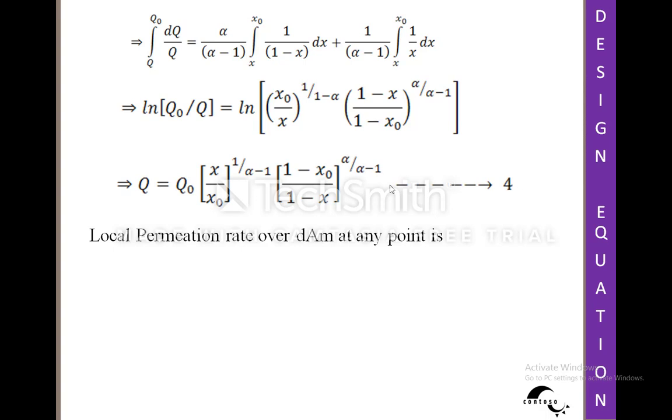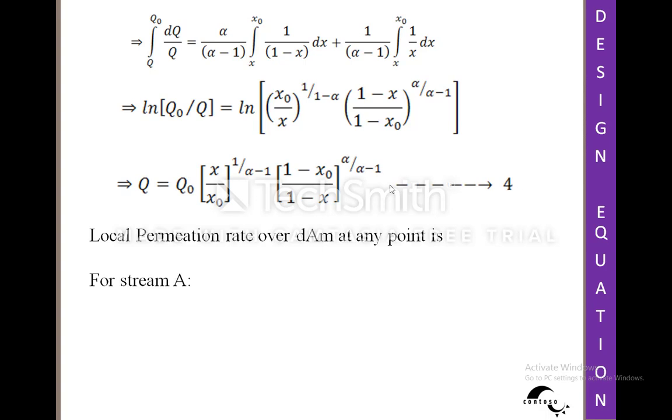What we have done in our complete mixing, I have told you that the permeation rate is nothing but the flux into the area. Since here we have assumed a differential element dAm, it will become a local permeation rate.